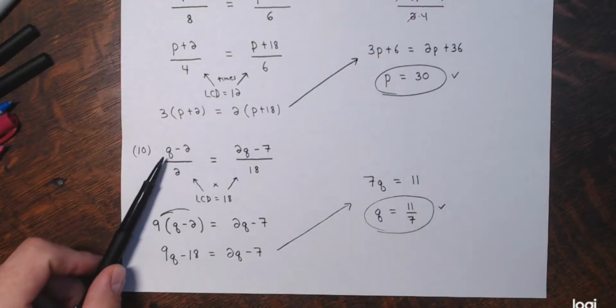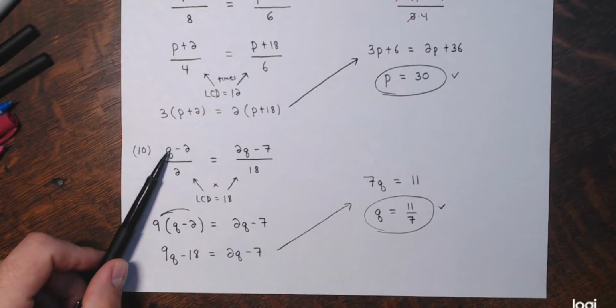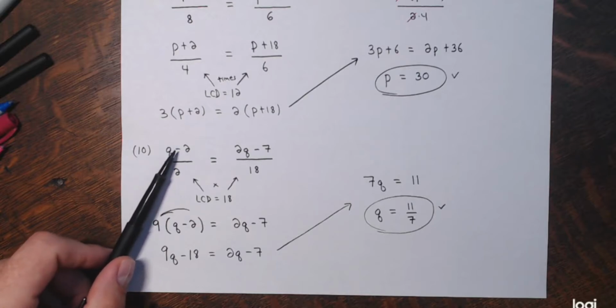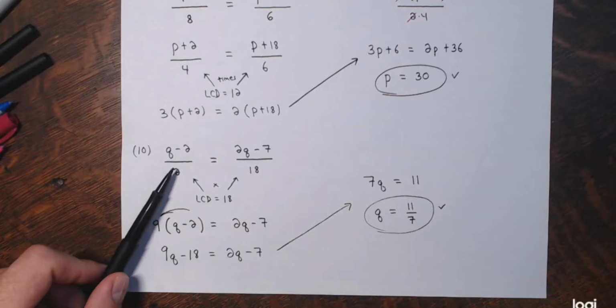Left side, 11 sevenths minus 2. Well, remember when you add or subtract, use the common denominator. So that'd be 11 sevenths minus 14 sevenths. That'd be negative 3 sevenths. Divided by 2 is the same as times 1/2. Negative 3 sevenths times 1/2, you have negative 3 14ths on the left.